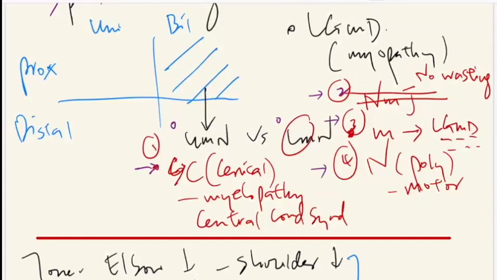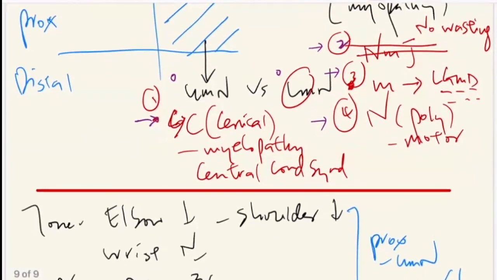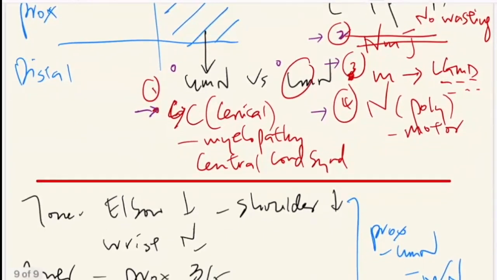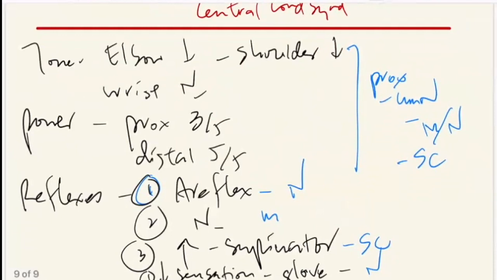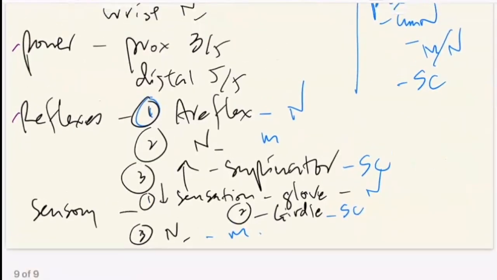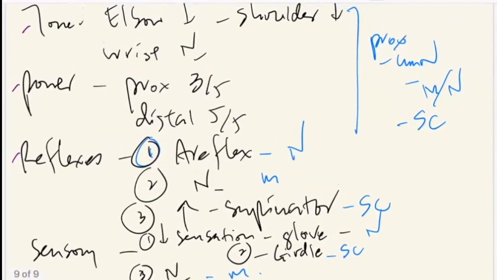Because there is wasting, we take away neuromuscular junction as a possible differential. Nerve, polyneuropathy, if it's chronic like CIDP, can have wasting as well. Then we go on to tone, power, and reflexes. By reflexes, we will be able to tell whether this is likely polyneuropathy, myopathy, or spinal cord lesion. We use the sensation to confirm.